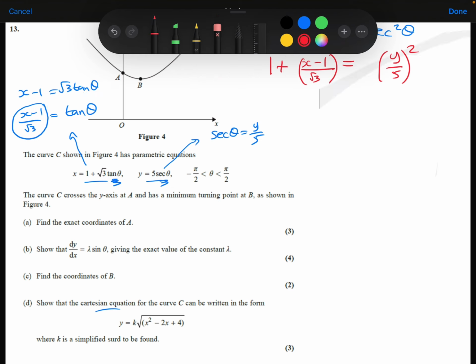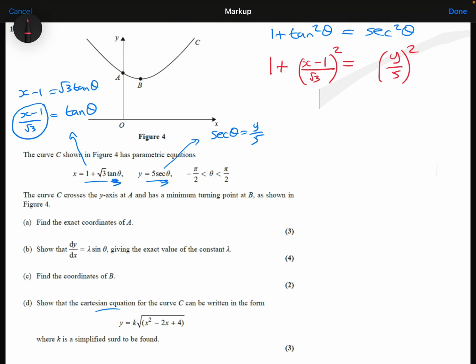Right, let's carry on from here, and I just need to try and make this look like this now. That's my job. I've got a Cartesian equation, I just need to make it look a bit simpler. So first of all, let's do the squaring. So x minus 1 all squared over root 3 squared, which is just 3.